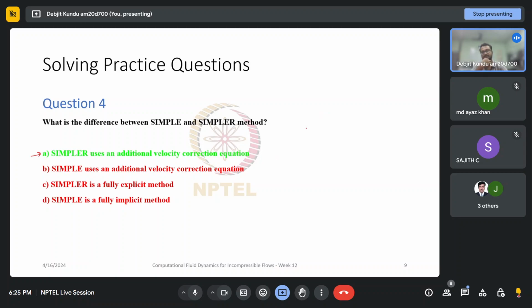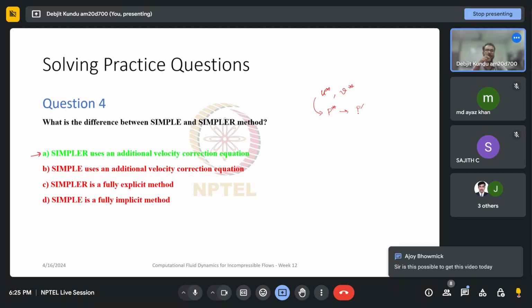What happens in SIMPLER is that we do not guess the pressure field. We start with a guess velocity field, then from this we try to estimate the pressure field. So there is a calculation over here which gives me the pressure field. Then we use it to find a pressure correction, but we do not correct the pressure.